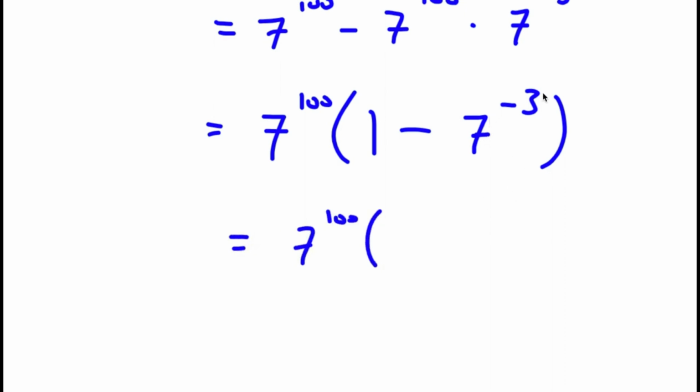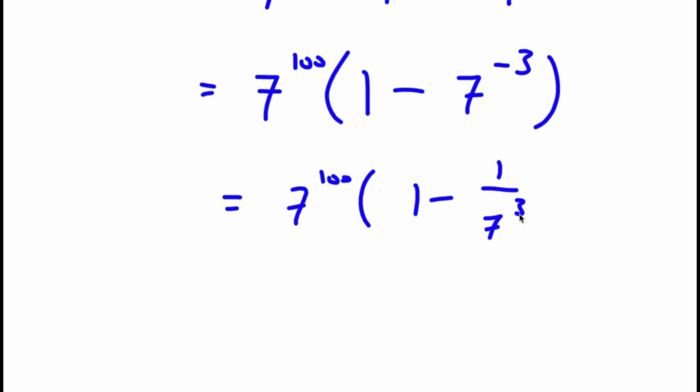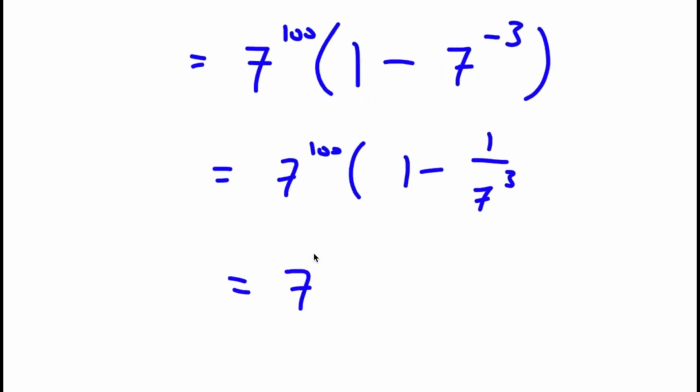Well, 7 to the power of negative 3 is the same thing as 1 over 7 to the power of positive 3. And 7 to the power of positive 3 is 343. So now I have 7 to the power of 100 times 1 minus 1 over 343.